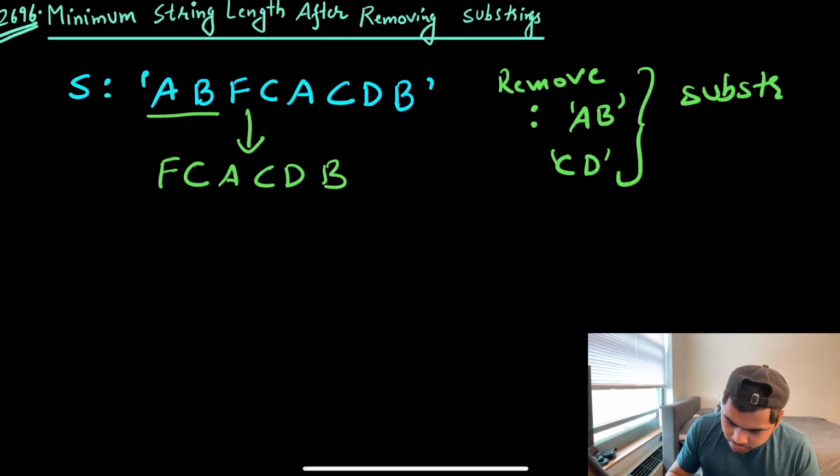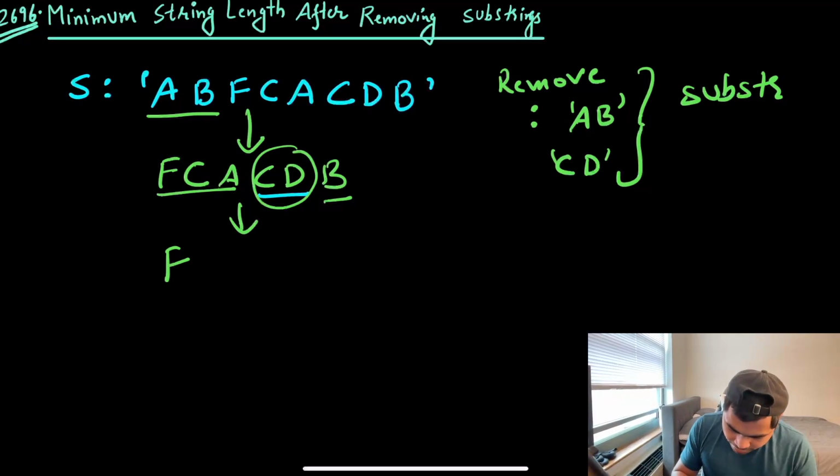So we will remove this. Since it's in our removing substring, that will give us a new substring now. So remember, after we remove these, we concatenate whatever is left. So FCAB. But now again, we're going to do another check.